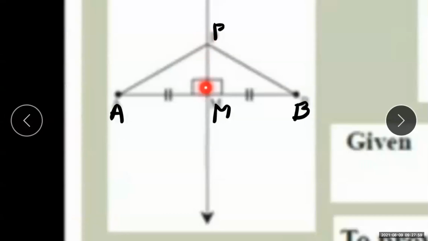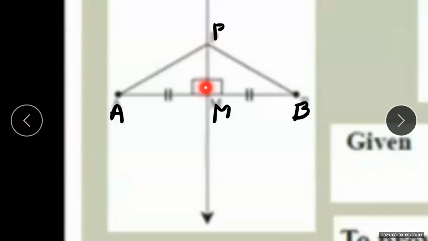Yes, and then segment AM is congruent with segment BM. That we can also write. That means segment PM is congruent to segment PM, angle M congruent with angle M, and AM congruent with segment BM.